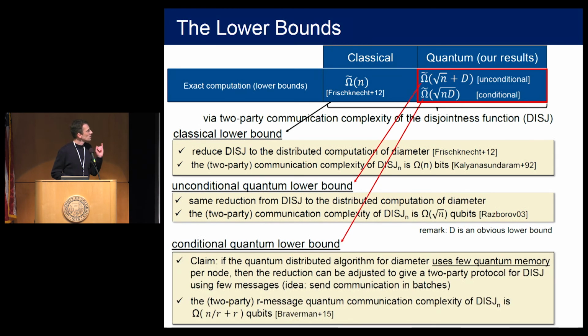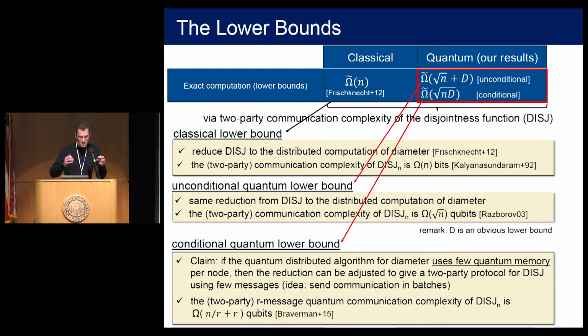So now, the conditional lower bounds. It is one of the most technical parts of the paper. The idea is to show the following claim: if the quantum distributed algorithm for the diameter uses a small amount of quantum memory per node, then this reduction can be adjusted to give a two-party protocol for the disjointness function that uses few messages.